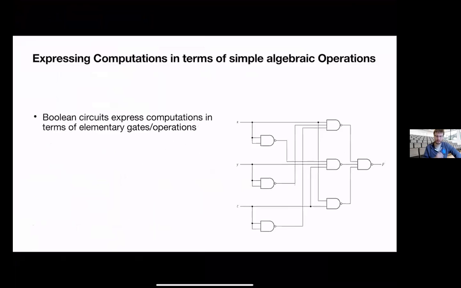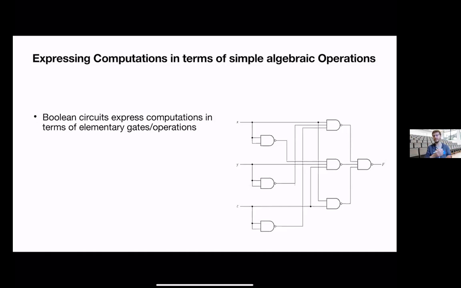So the first thing is that the standard model of computation in theoretical computer science, Boolean circuits, can express arbitrary computations, of course of a fixed size. But they do that using only elementary gates. So one might think that this is a fairly simple model of computation. But if you look at this, it's not just the gates.